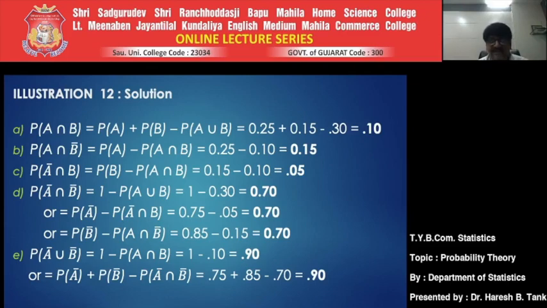That was the second case. And in the third case, things were given in the form of percentage, so we had to convert it into the form of probability, put it in a notational form, and then get whatever probabilities were required. All the three examples were the same, but with a different approach.